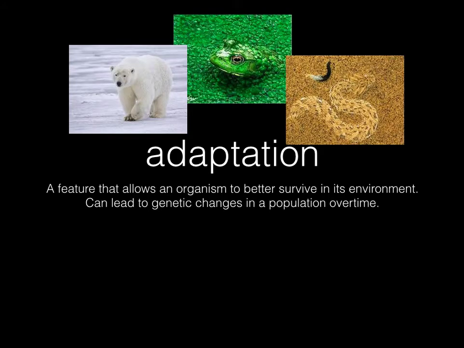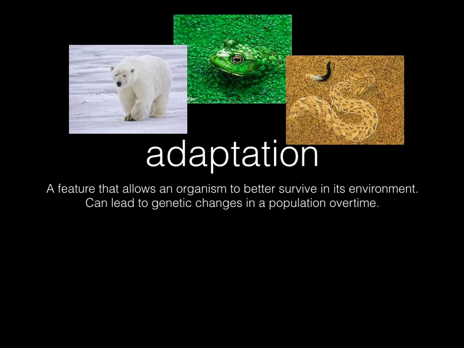Adaptation. Adaptation is a feature that allows an organism to better survive in its environment. It can lead to genetic changes in a population over time. So, in adaptation, species are changing in order to survive in their environment. If their environment is changing, they're going to adapt to this change over multiple generations.